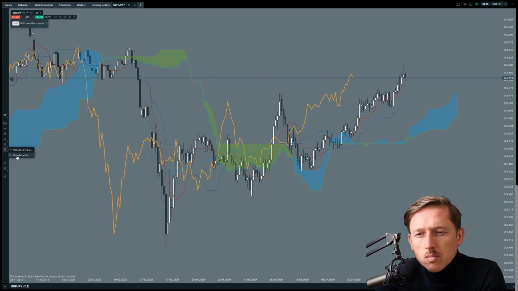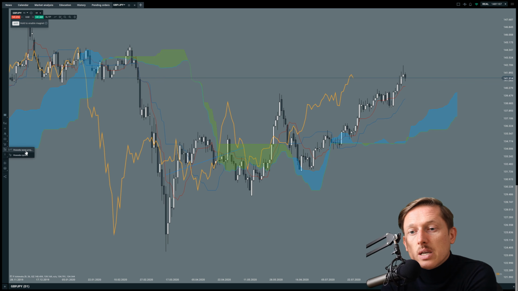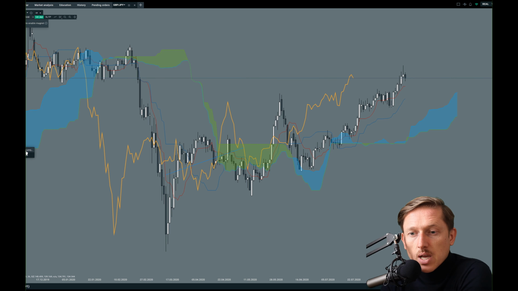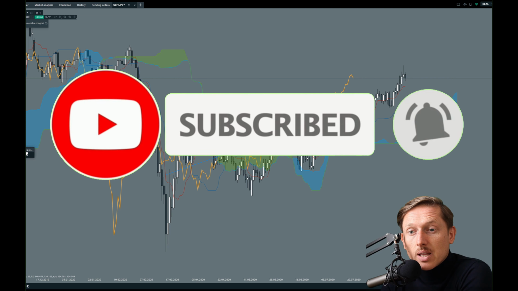So we can measure both, and the thing is that the Hyo Wave Projection is not so much calculating your waves per se, how many waves there are, but calculating the target, where the price can get.